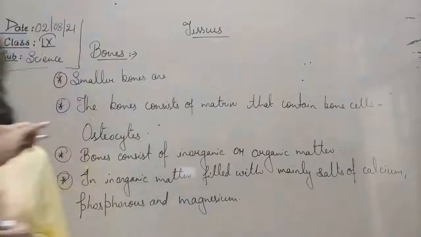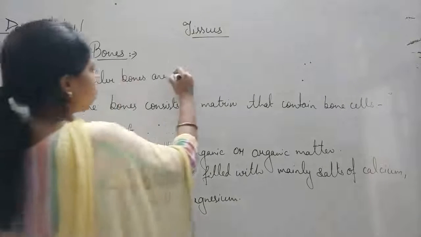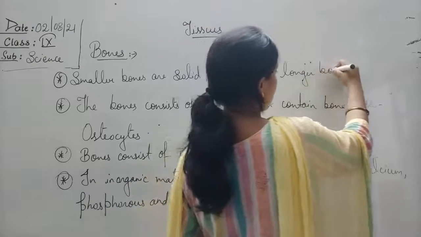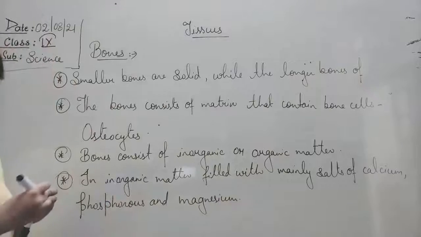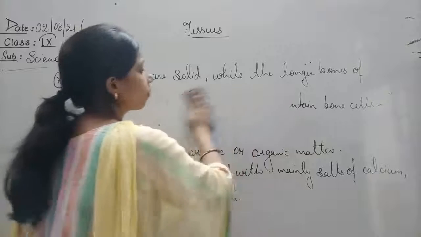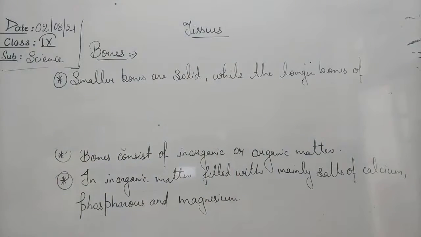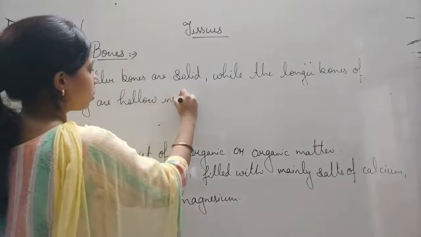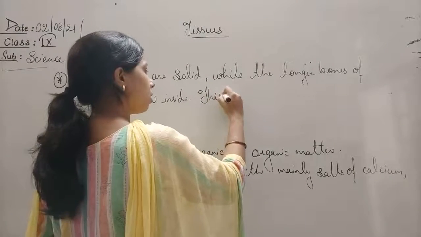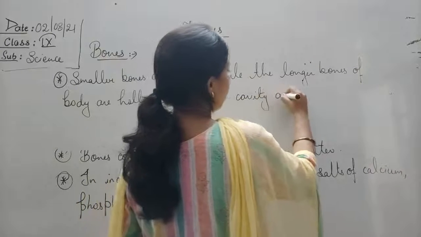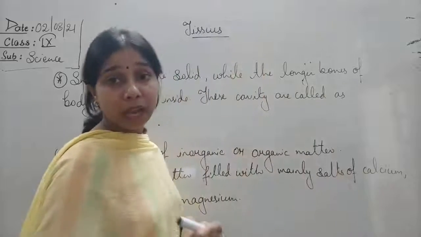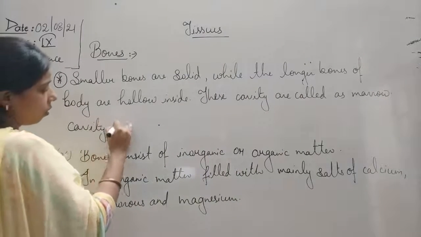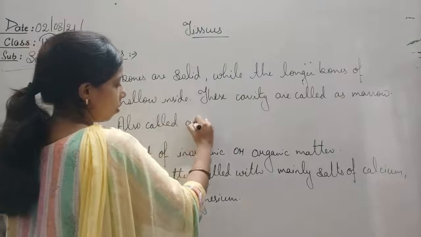Smaller bones are generally solid, while the longer bones of the body are hollow inside, and these cavities are called as marrow cavity, also called as bone marrow.